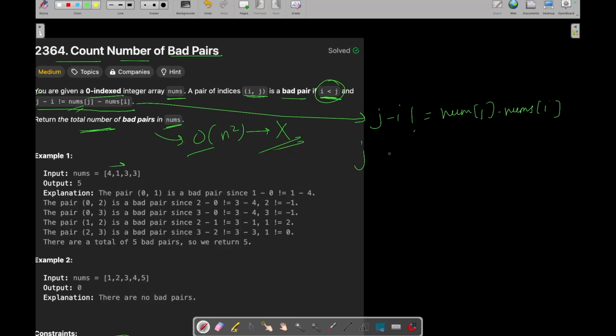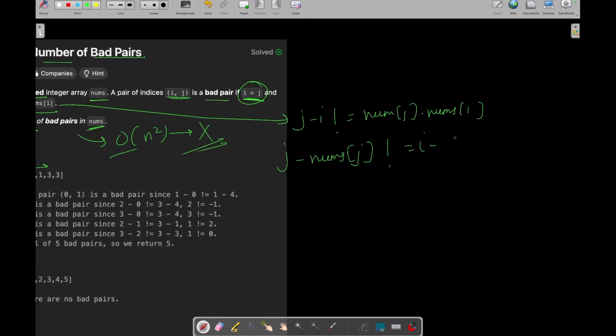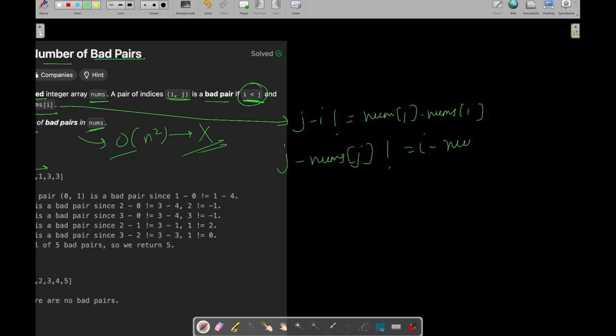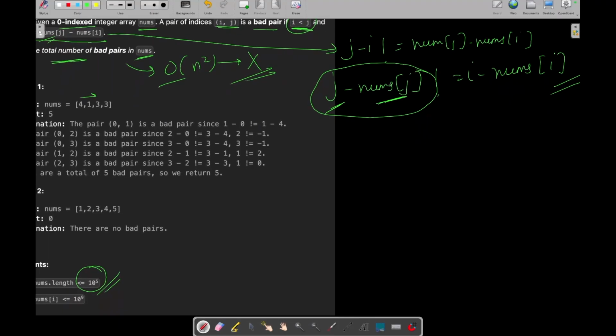So if I bring nums of j to the left-hand side, it becomes j minus nums of j, and sending i to the right-hand side, it becomes i minus nums of i, right? So what we need to check is the index minus the value stored at that index. Okay, so let's see.